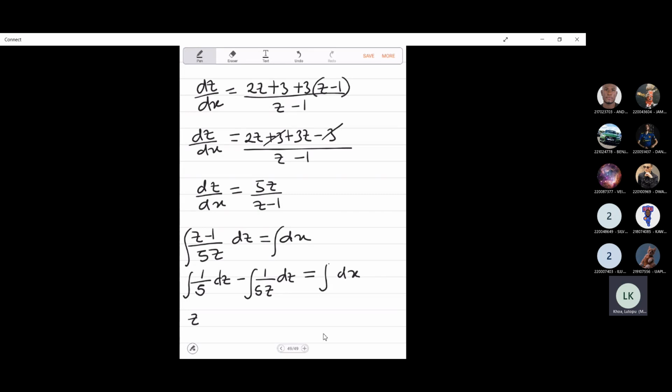This is just z over 5 minus 1 over 5 ln of z, which is equal to x plus my constant of integration. Okay, then again, you can multiply by 5 throughout and then rewrite z in terms of y and x.